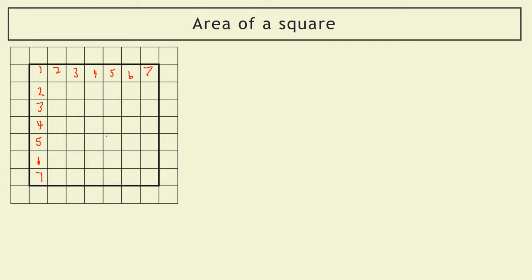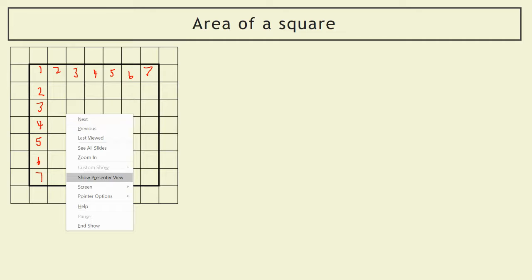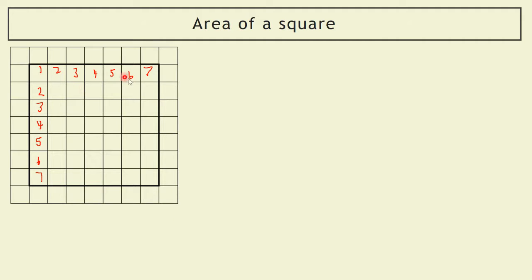Now I could count up all the squares inside there and figure out how many square centimeters that's covering altogether, again, if these squares are centimeters. But I can do this a lot quicker because I can see that every row that I'm dealing with in here has the same number of squares in it. I've got 7 here, I've got another 7 here, I've got 7 here, I've got 7 here, and so on. So I've got 7 times 7 squares.